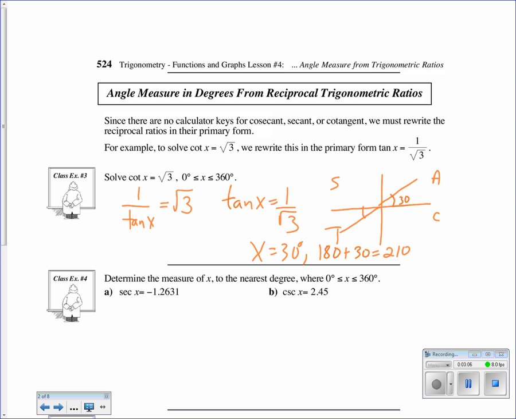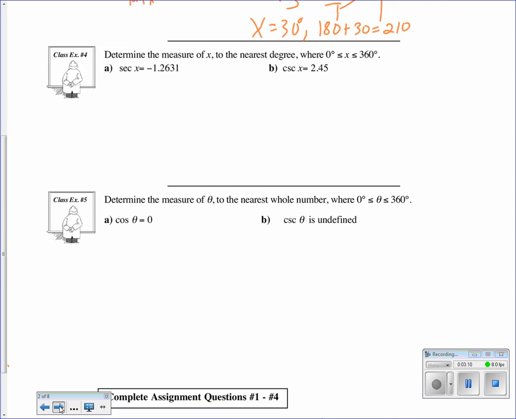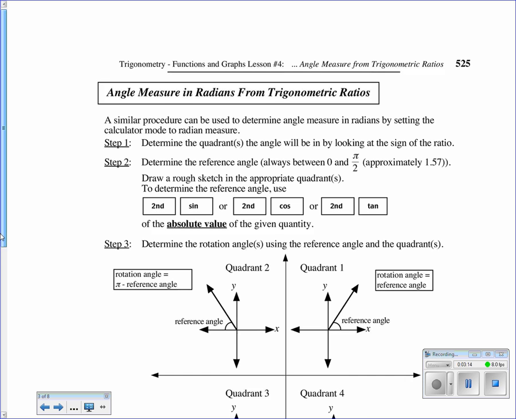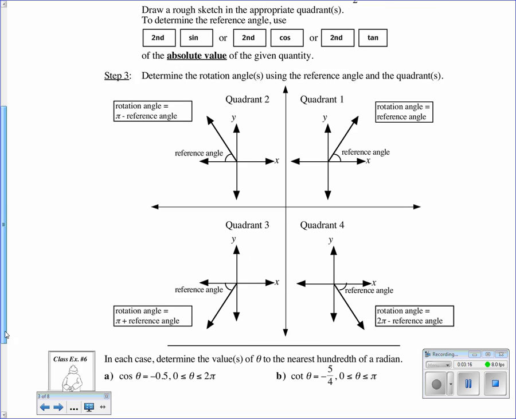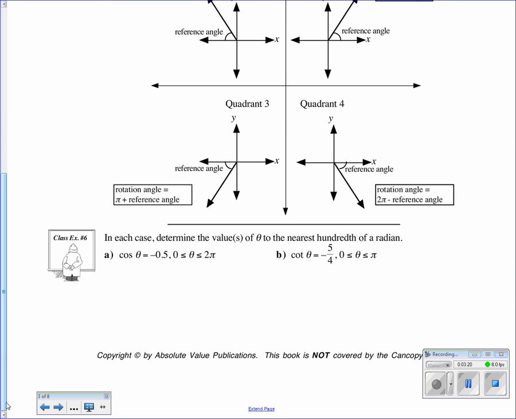Let's try one that uses radian measure. So radian measure is 1 page over. You might remember this chart from before. I prefer to draw. I would encourage you to draw, but you're welcome to memorize the reference angle information if you would like.